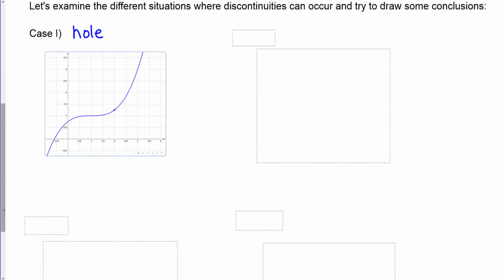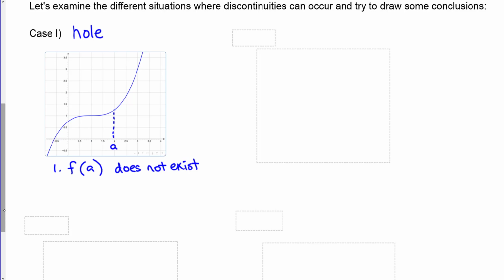One thing that happens is the function itself, I'll just call this point A, even though you can see at the value here for this function it's actually at 2. I'm just going to say some point A. f(a) at this particular point does not exist. If it does not exist, that is an indicator that we have a discontinuity.